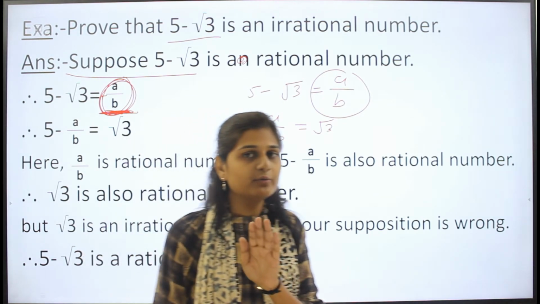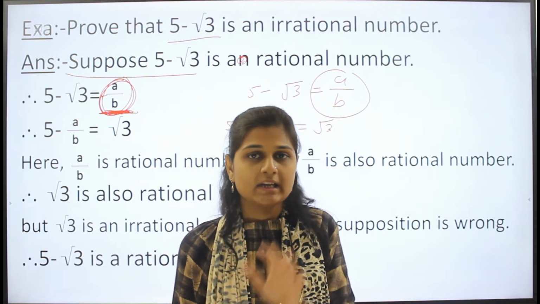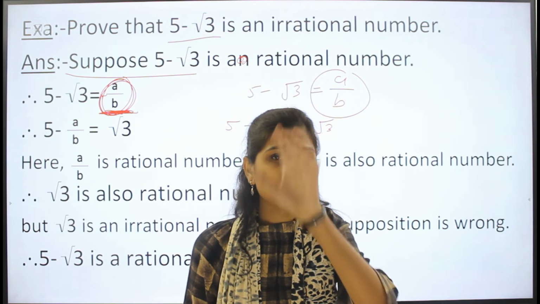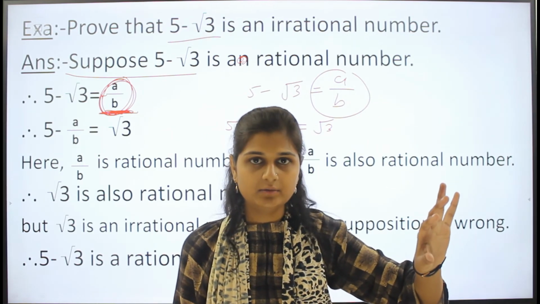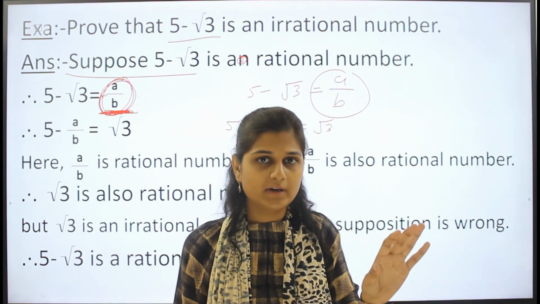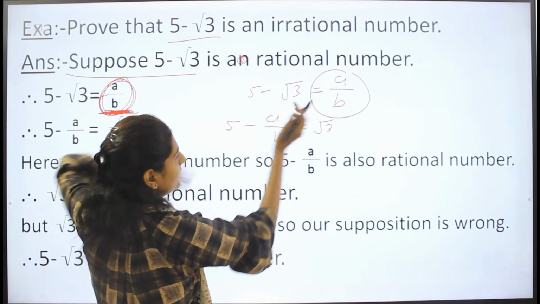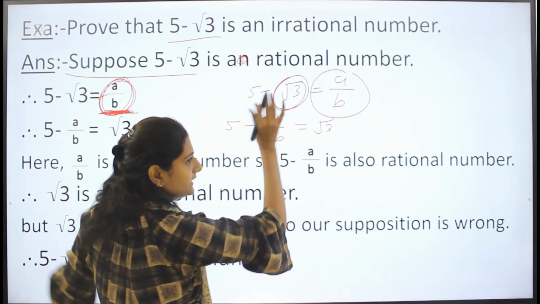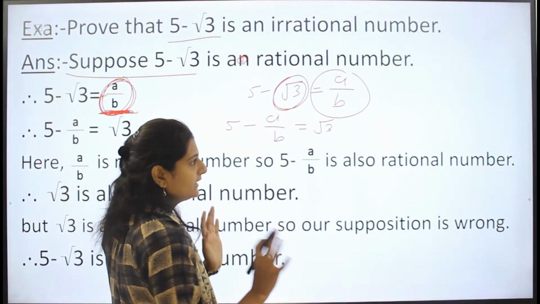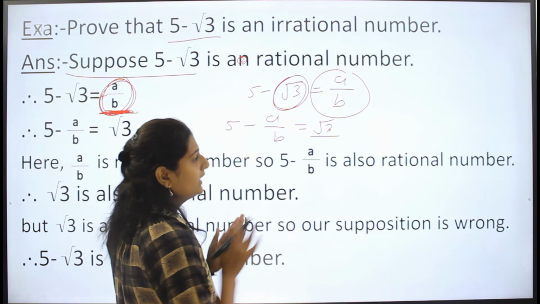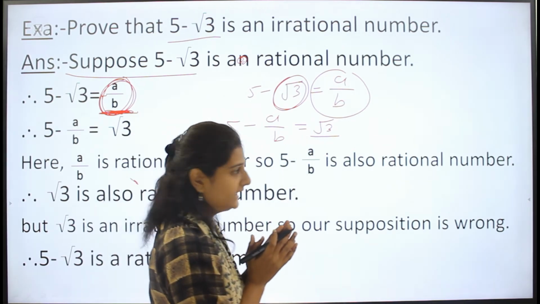The simple trick here is to take the irrational value to the other side, so that it is alone over there. We took these values together and took the irrational value to the other side alone. This is the first step that you can apply.